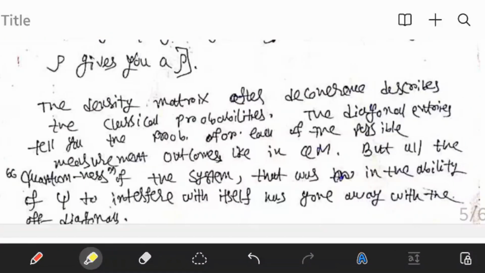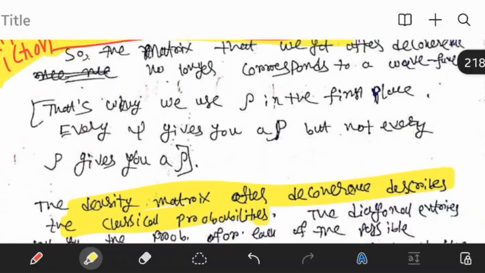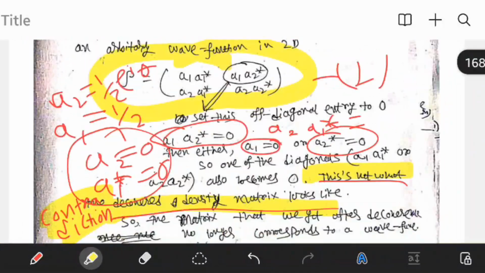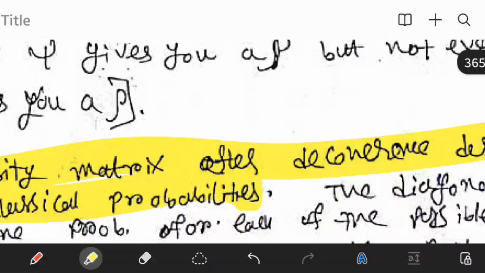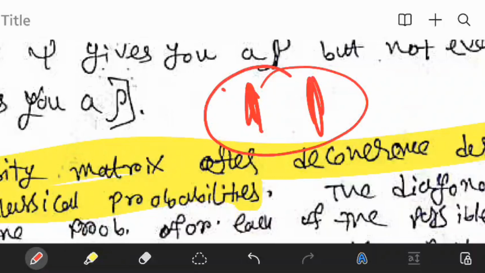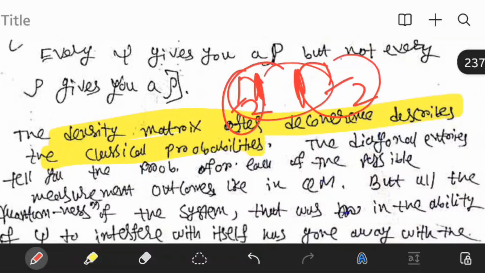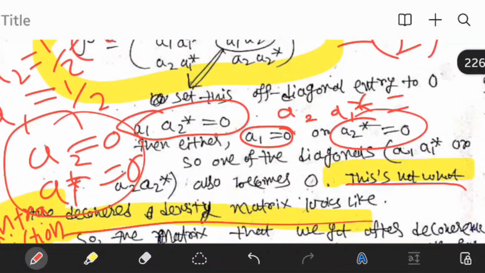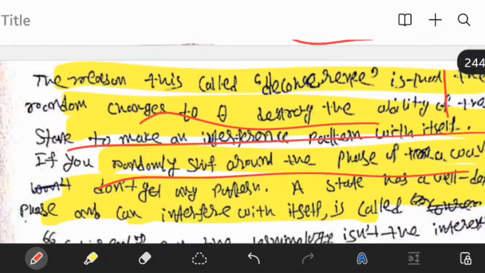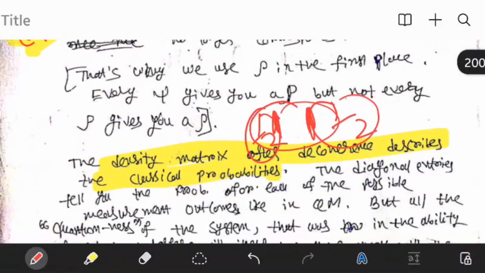So the energy density matrix after decoherence describes classical probabilities. The classical probability, what were the classical probabilities? For say you have the double slit experiment, what were the classical probabilities? It was either this one 1/2 or that one 1/2, right? And you ended up with that 1/2 and 1/2, right?